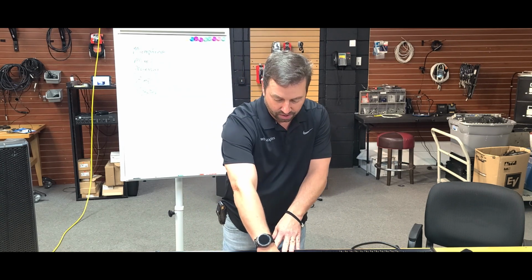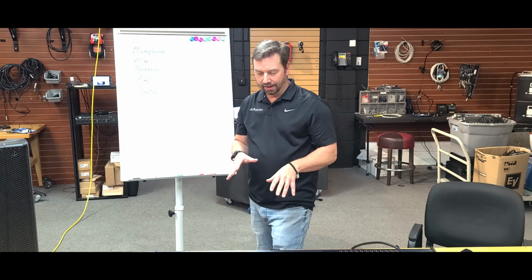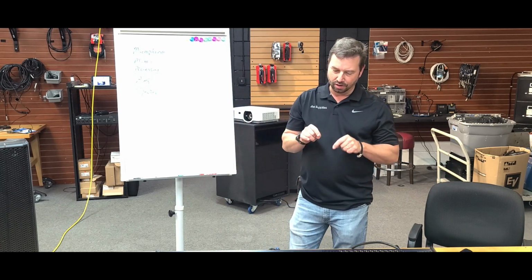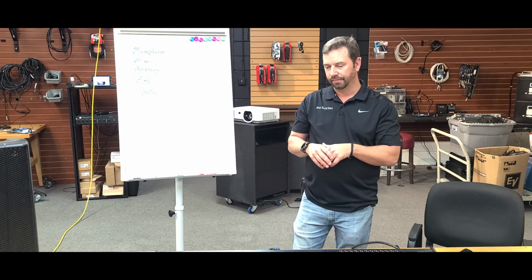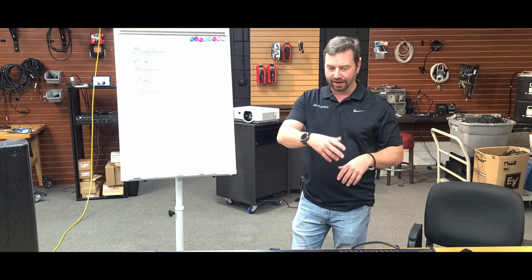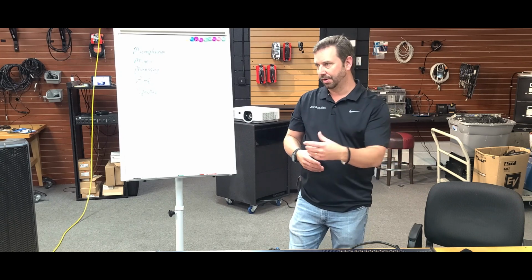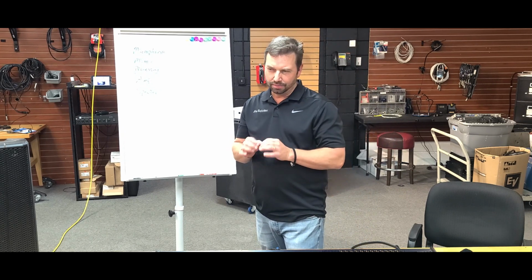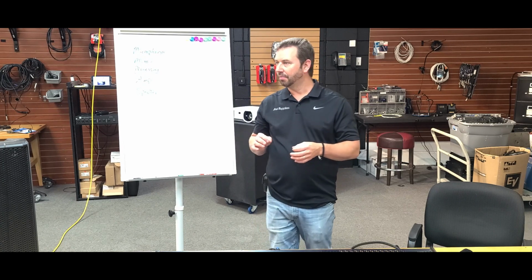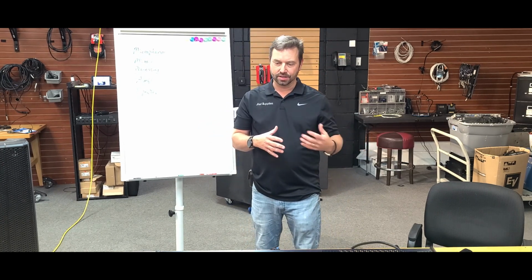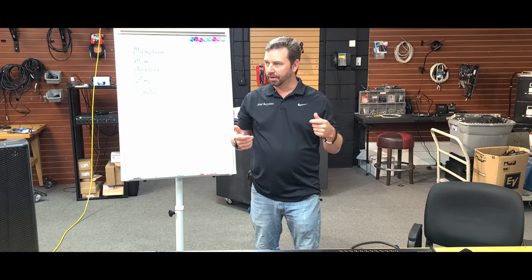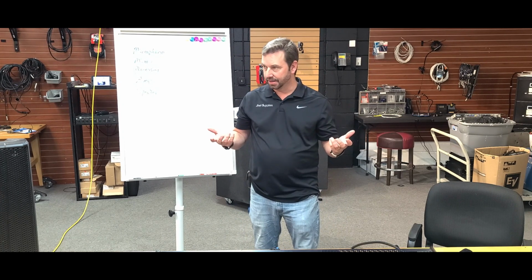But anyway, what I want to do is start by, again, like we talked about before, I want you to know what every single button on this does. Because even though you go into another church and they may have a Mackie version of a mixer as opposed to a Yamaha, these functions are all still the same. They may be called a little bit differently or they may show up in a little bit different place. But it's like I tell people in the past when I'm teaching this, if you know how to drive a car, you know what a blinker does, you'll figure out where the blinker is, right?